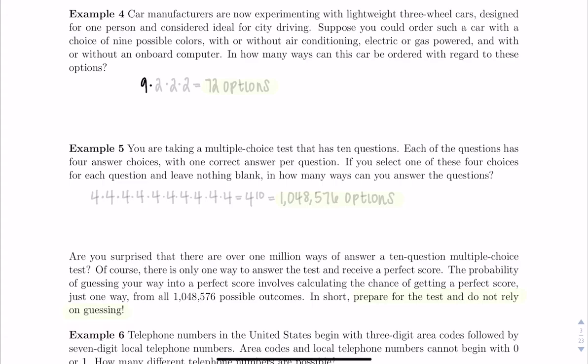We can have it either with or without air conditioning, so that's 2 options. We can have electric or gas powered, which again is 2 options. And with or without an onboard computer, so again, 2 options. So 9 times 2 times 2 times 2 gives me 72 different options for purchasing this car.